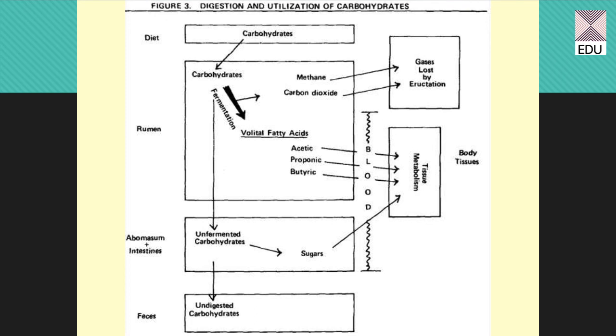These sugars also enter the bloodstream and go to tissue metabolism after absorption in the intestine of the ruminant. At the very end, undigested carbohydrates are given out in the feces. So this is a very good overall cycle of digestion and utilization of carbohydrates. The most important thing occurring in the rumen part of the stomach is the fermentation process, which makes fatty acids, methane and carbon dioxide.